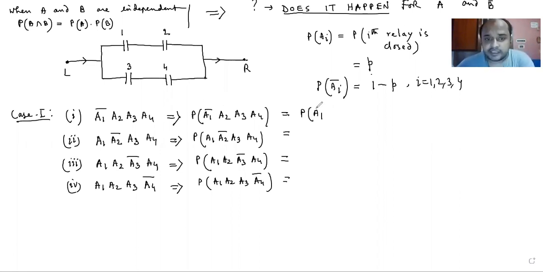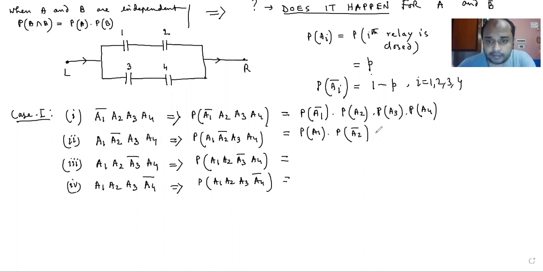If this result is true, then I can write it as the probability of A1 bar, probability of A2, probability of A3, probability of A4. If my claim is true, I can write it as the probability of A1 into the probability of A2 bar, the probability of A3, and the probability of A4.